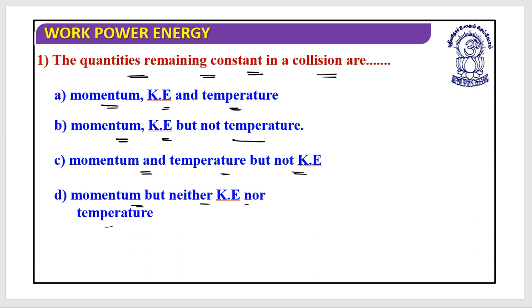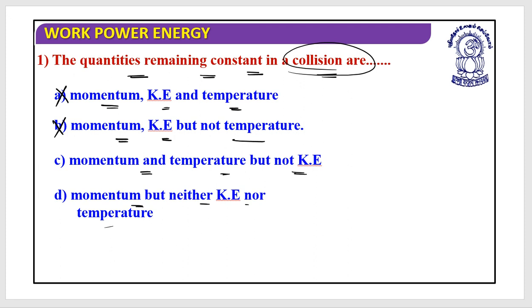The first thing I need to look at is that they have mentioned collision. They have not mentioned elastic collision or inelastic collision. So, if it is the case of inelastic collision, kinetic energy is not going to be conserved. So this is not the correct one. Even this is not, momentum and kinetic energy but not the temperature. No, momentum and temperature but not the kinetic energy.